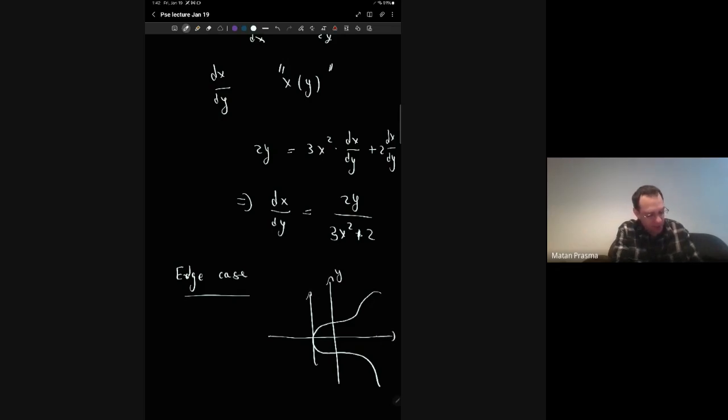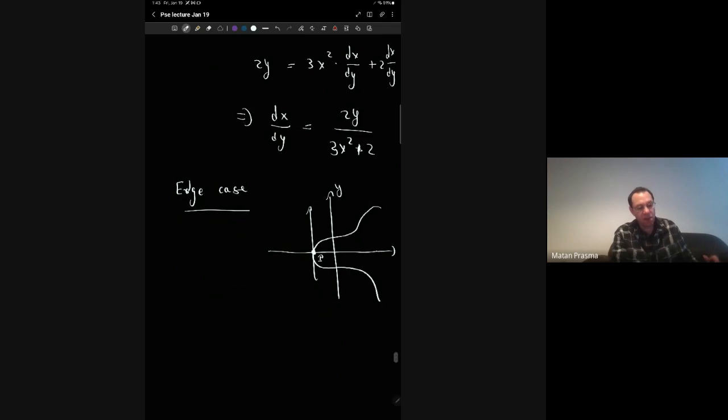Then this line, we would like to say that it is tangent to the curve at P, but the slope of this line will be infinity. And indeed, if you try to calculate the derivation of the curve at this point, you will get something divided by 0, so that it's not defined. So how do we deal with this case?